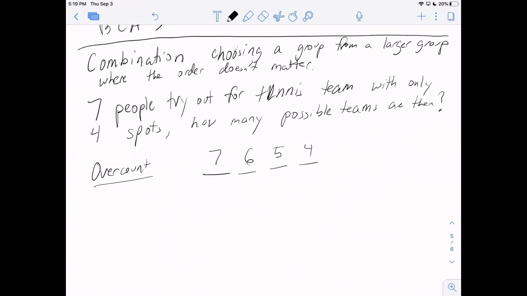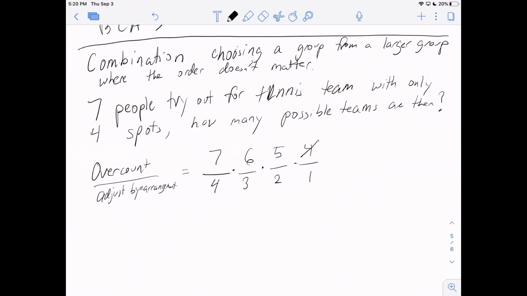So then I have to adjust by the rearrangements. If I pick 4 people, this numerator overcounts by 4 factorial, so 4 times 3 times 2 times 1. These are all just being multiplied, and then you simplify.